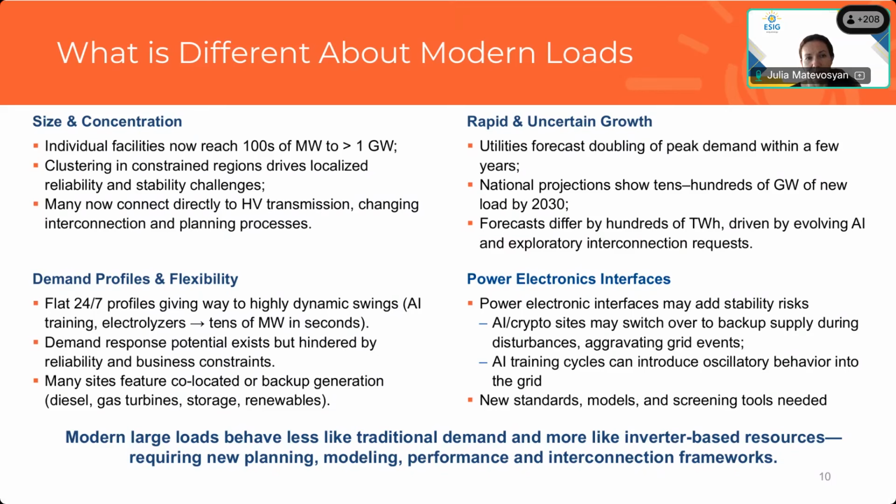It was also noticed that AI training cycles can introduce oscillatory behavior and again impact grid stability. So we need new standards, models, and screening tools to study these issues and detect them in a timely manner.